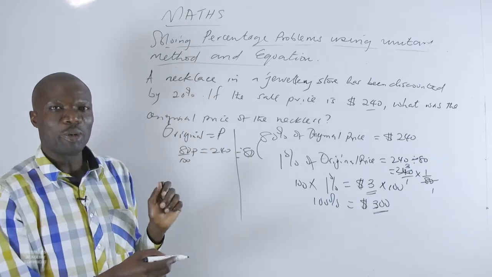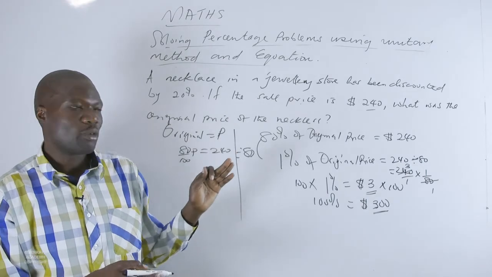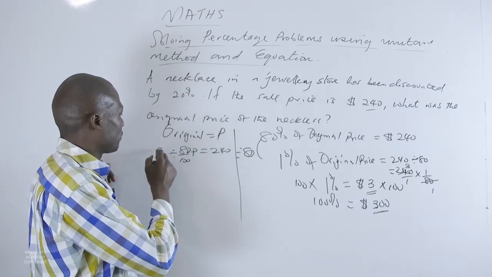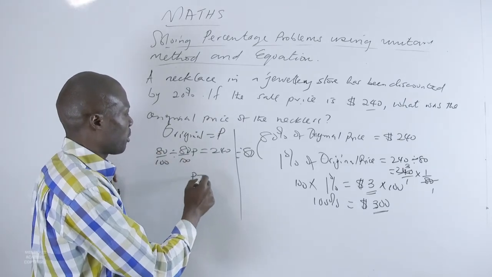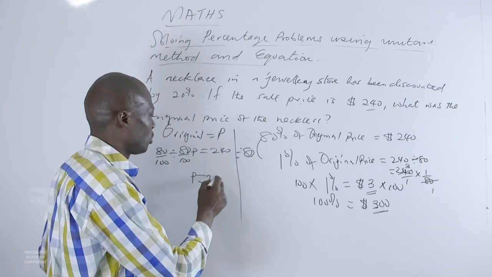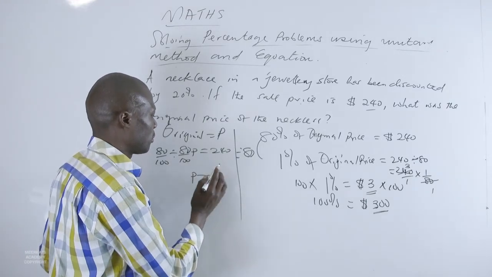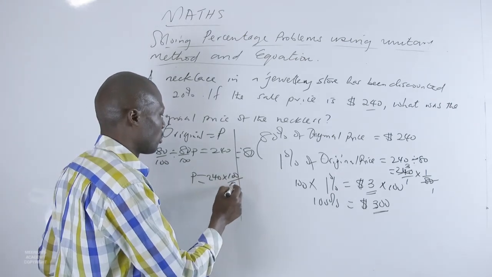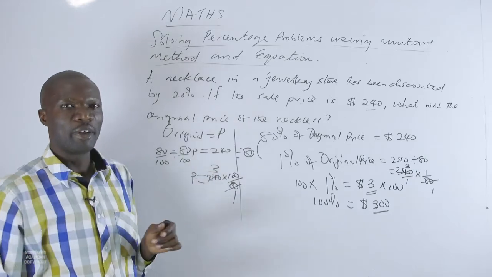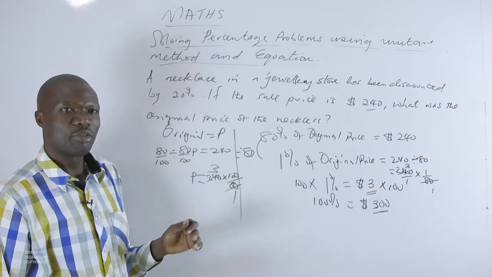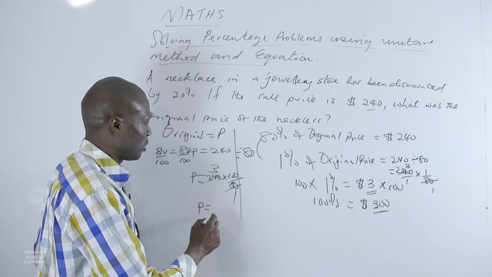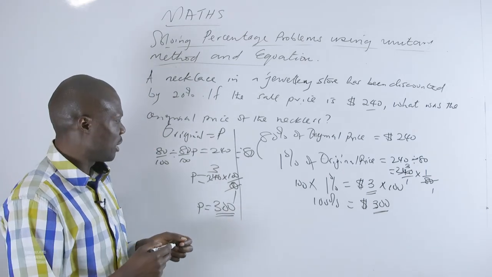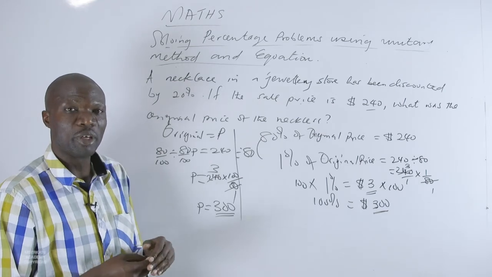When we divide both sides by 80 over 100, we multiply by 100 over 80, and we shall remain with P is equal to 240 multiplied by the reciprocal. By 80 there is 3. So we have P is equal to $300. It is much shorter, but we need to know how to form the equation correctly.